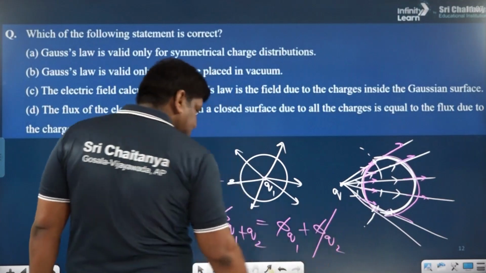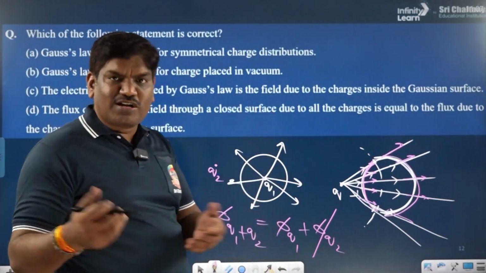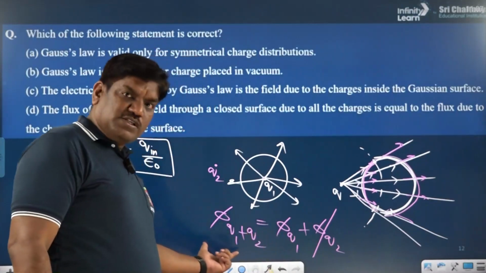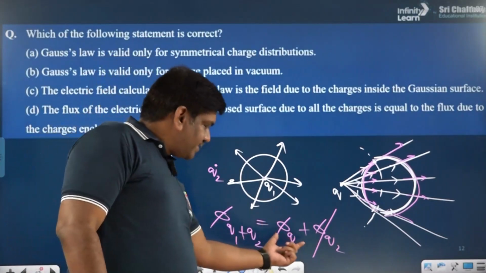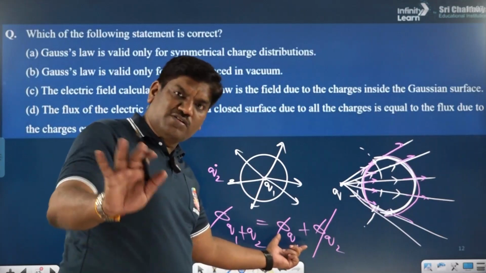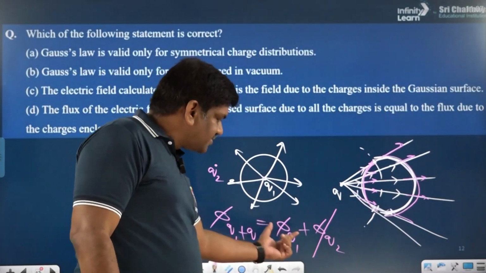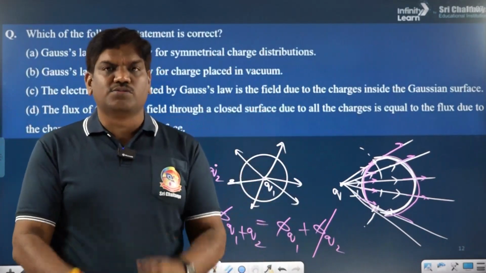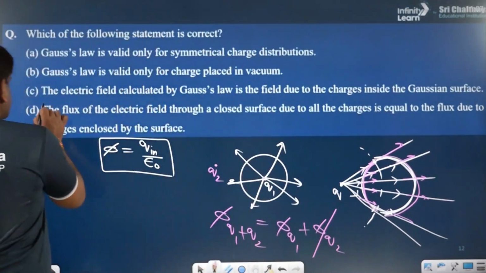But since the flux due to Q2 is 0, because the outer charge is not contributing anything to the flux, the total flux due to inner and outer will be the same as the flux due to inner only. They always come the same, because outer will always give you 0 flux through the enclosed surface. So my correct option is D.